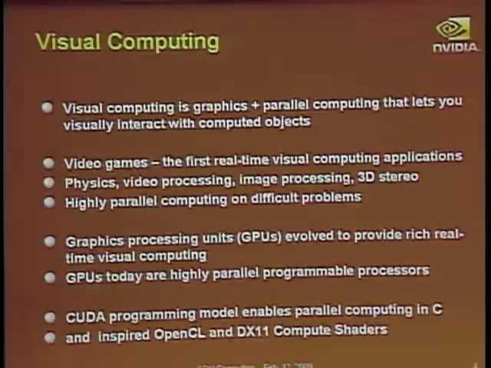And we have a version of it that's running today on Linux and Windows based on CUDA. And Microsoft has developed a new computing shader, they call it, for DX11, which will come out eventually. I'm not sure when. But it's very similar to CUDA in spirit as well.